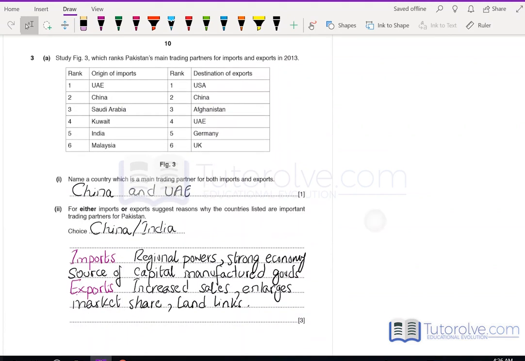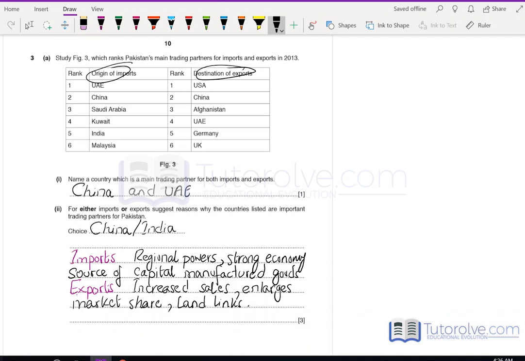Question number 3. Study figure 3, which ranks Pakistan's main trading partners for imports and exports in 2013. So you have two sets for imports and exports. UAE, China, Saudi Arabia, Kuwait, India, Malaysia for imports, USA, China, Afghanistan, UAE, Germany, and UK for exports.